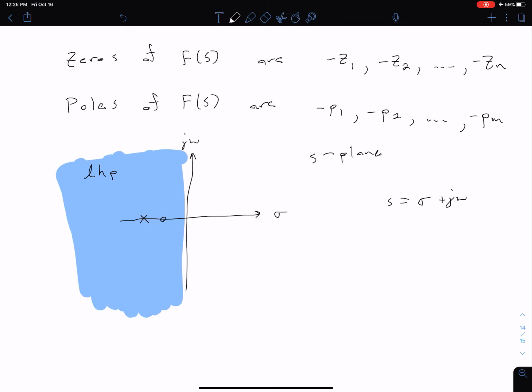Keep in mind these poles and zeros, the z1s, z2s, z3s, and so on, and our p's, can also be complex valued. So maybe we have a pole up here, and something that looks like that. So we have two poles in our system that have some real part and some imaginary part. But because they're still in this left half plane, our initial and final value theorems still hold.